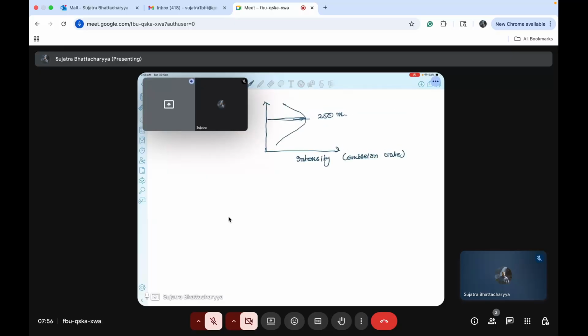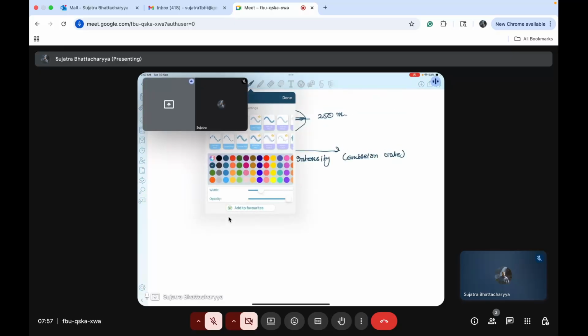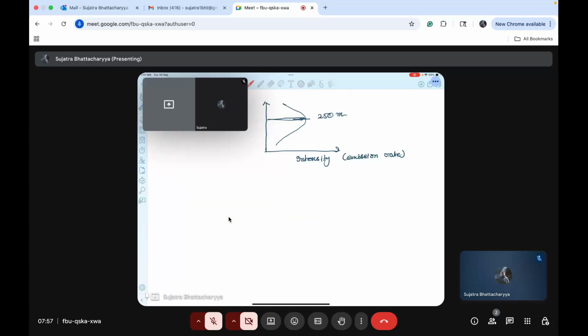Next we will talk about the sun's magnetic field, about the sunspots, and a very important diagram which I have missed in the case of the internal structure of the Earth.